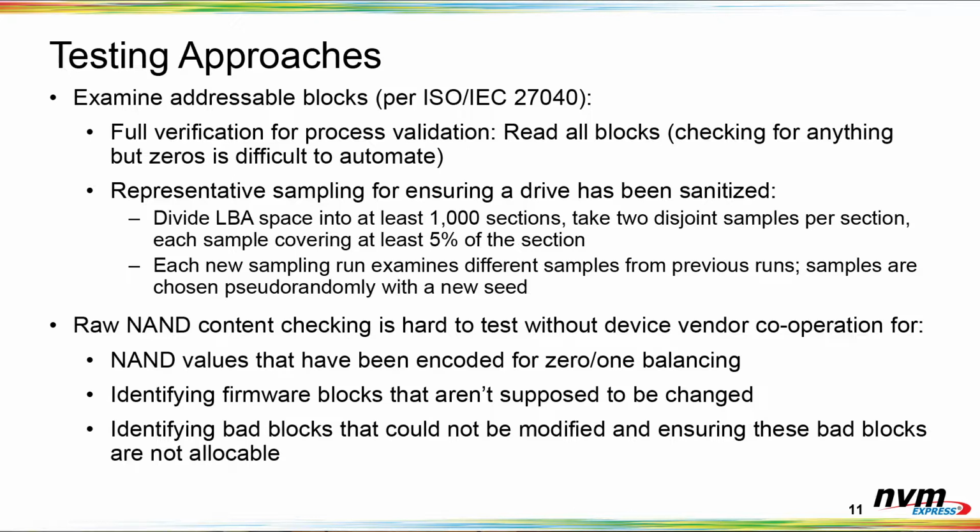So if you're identifying some blocks that aren't supposed to be changed, or testing to make sure that the code came directly from the manufacturer and not somebody slipped in a different version of firmware in there, those are all approaches that would be documented in some sort of advanced process.